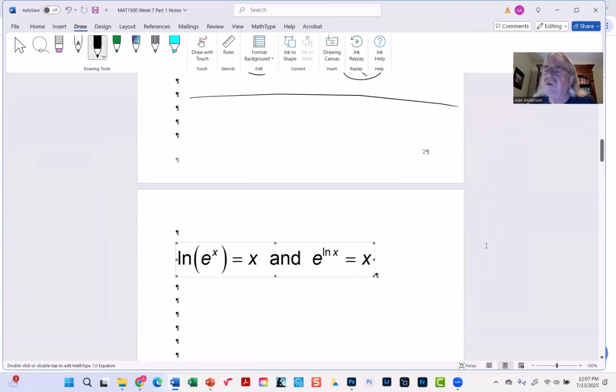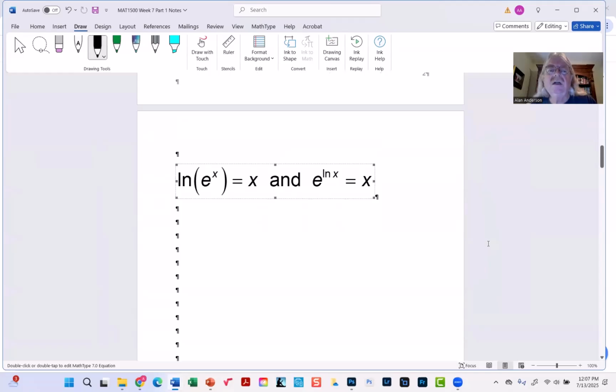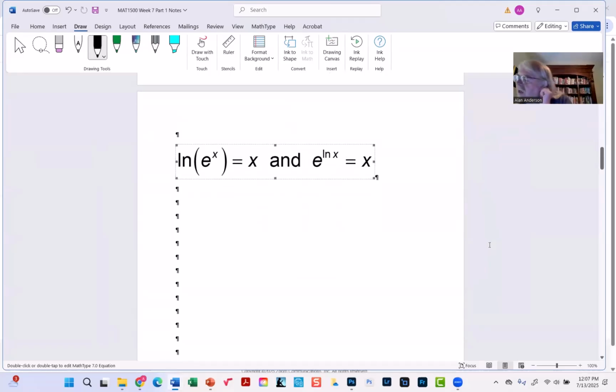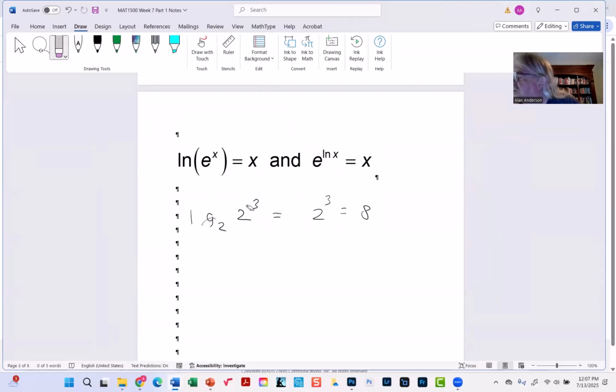Now, by the way, this is true for logs of all bases. For example, the log base 2 of 2 to the third is the same thing as, well, it's just 3, which is the exponent. But it's true for all of them.